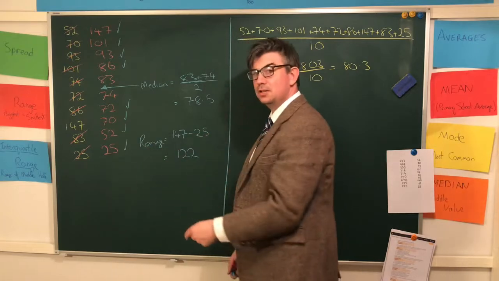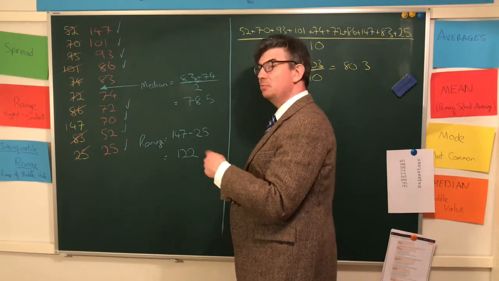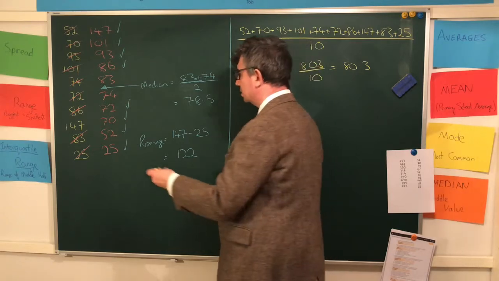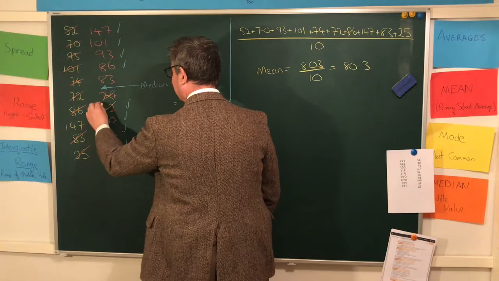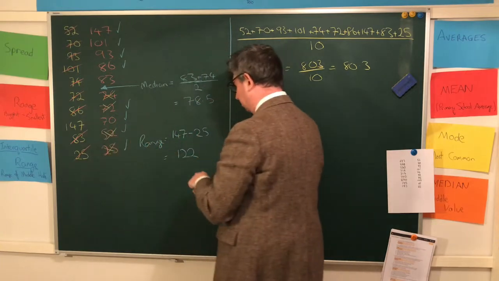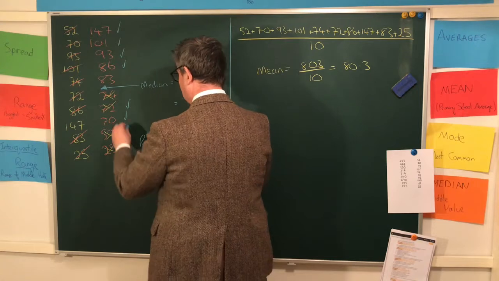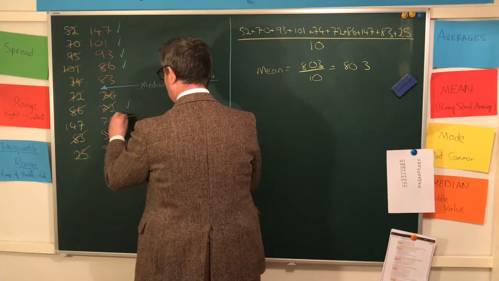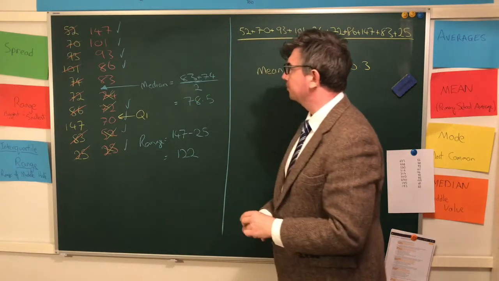If I half that using the same ticking system, I'll get to the middle of that, which will be the quartile. So let's cross that guy off with that guy off with that guy. Oh, and we're left with one in the middle. So that guy there is Q1, the lower quartile.